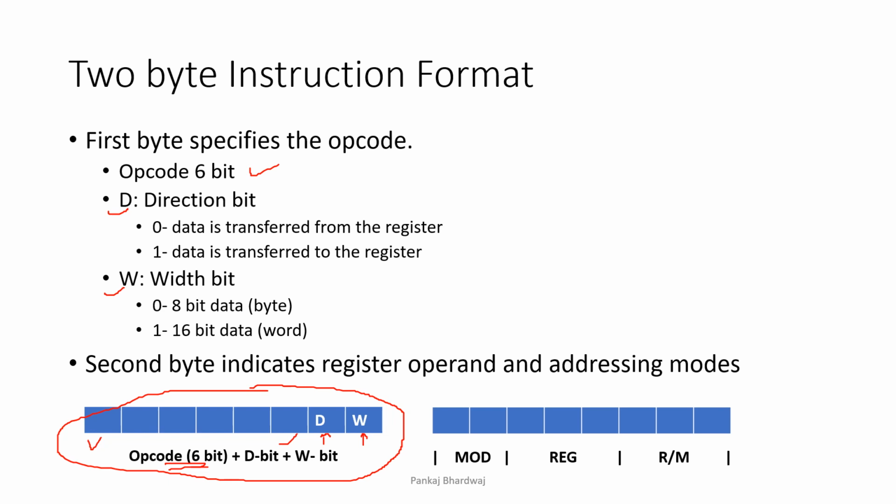If it is 0, that means we will have data which is 1 byte long, that means 8 bits of data. And if the W bit is 1, then we'll have 16 bit data. That means it's 2 byte data, or in other words, a word. So 0 is for byte and 1 is for word.